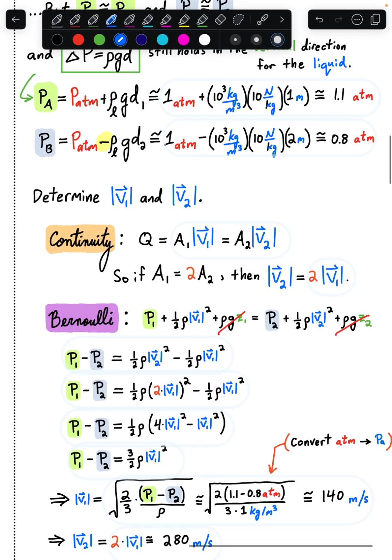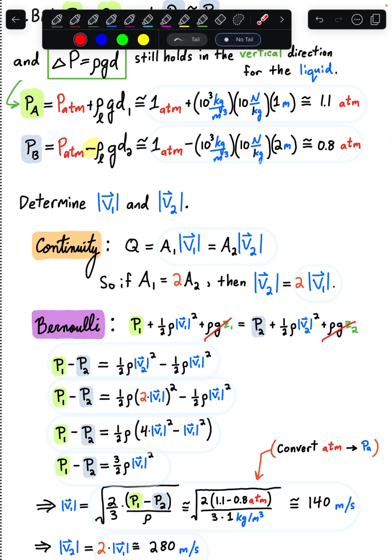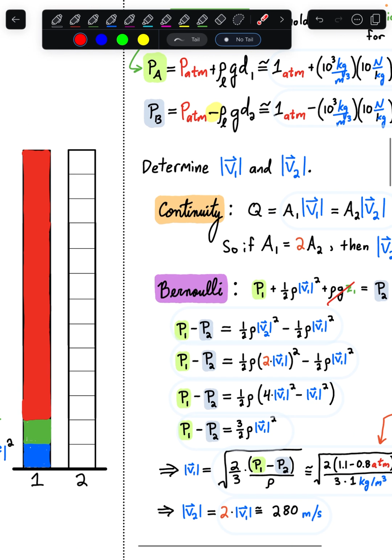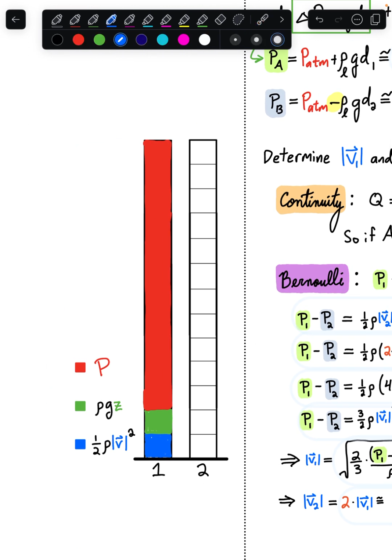We know that since our speed doubled at point 2 and kinetic energy, the speed gets squared, then our kinetic energy went up by a factor of 4. So our kinetic energy density should be 4 times what it was at point 1. Our gravitational potential energy density has not changed since we're at the same vertical height.